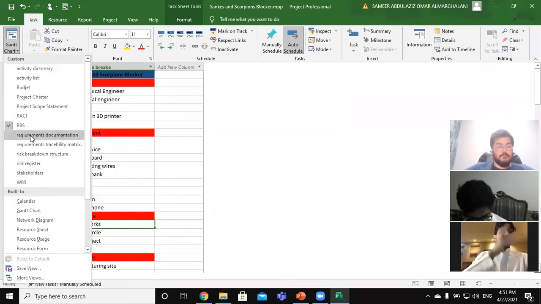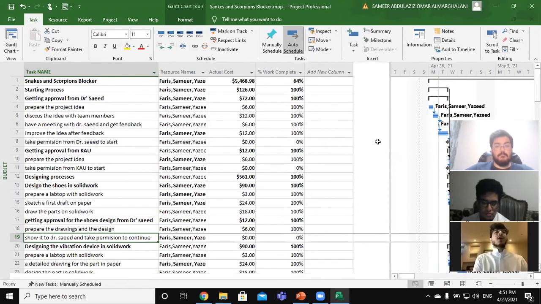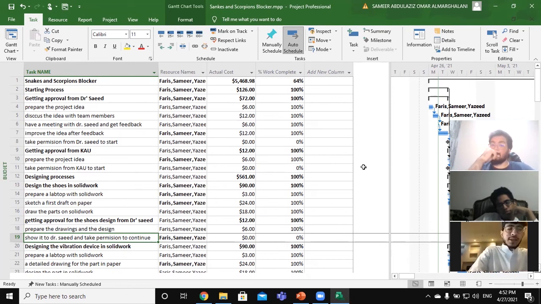Yeah, budget up, third one. Yeah. Okay. Here we have the budget in MS project. First, we have a task name for each activity we do in our project, and we have the resource names, who does this task.